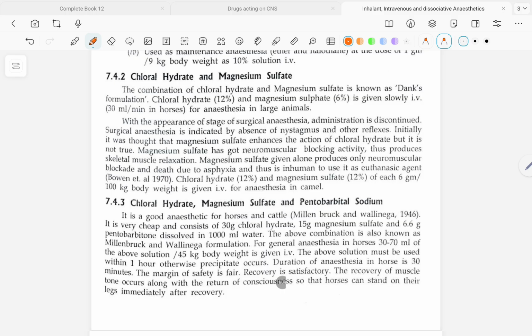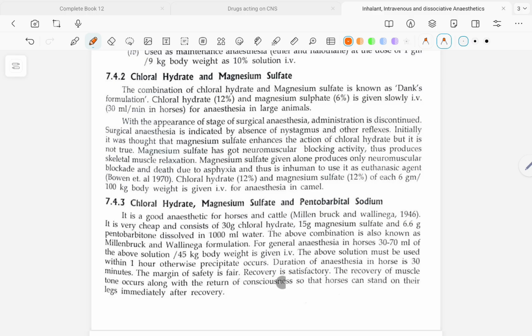Magnesium sulfate given alone produces only neuromuscular blockade and death due to asphyxia, and thus it is inhumane to use it as a euthanasia agent. Chloral hydrate 12% and magnesium sulfate 12%, 6 gram of each per 100 kg body weight, is given IV for anesthesia in camel.